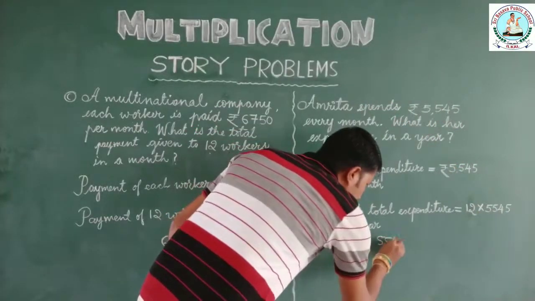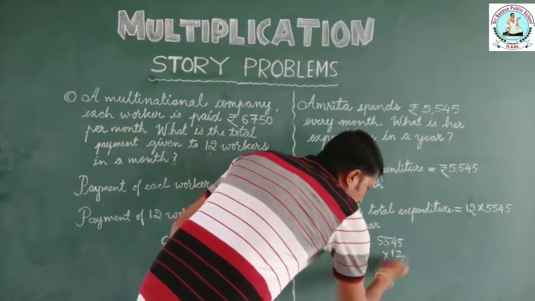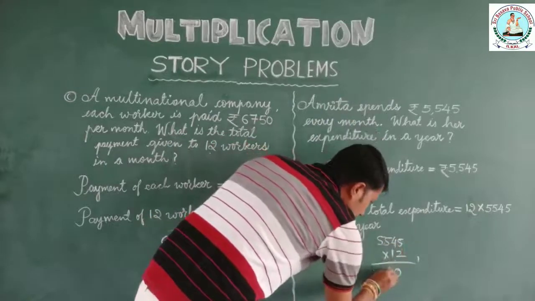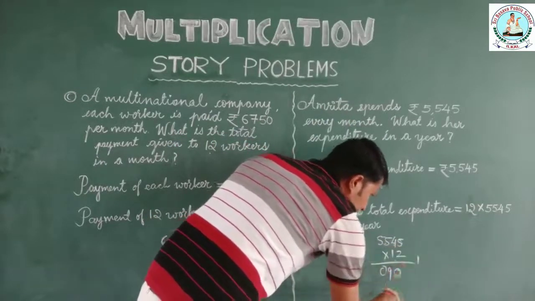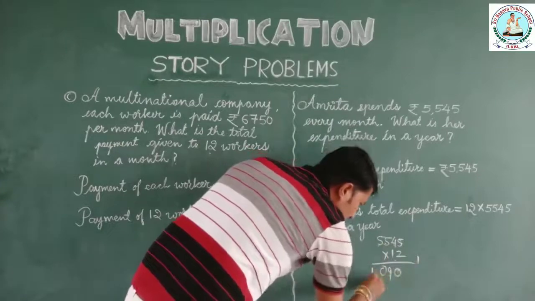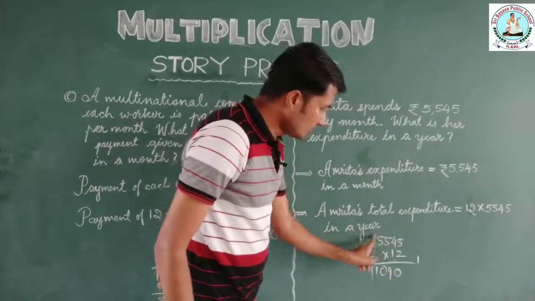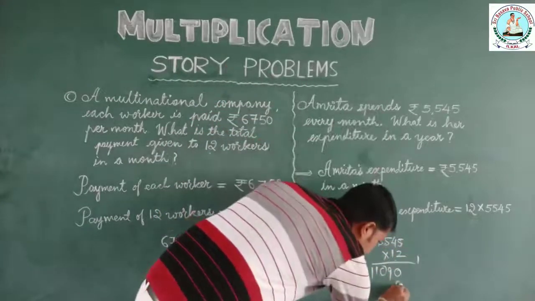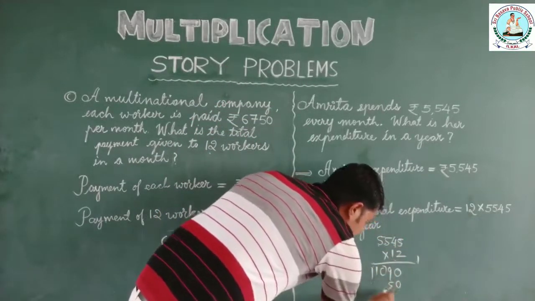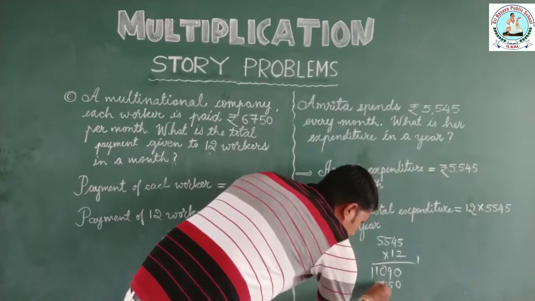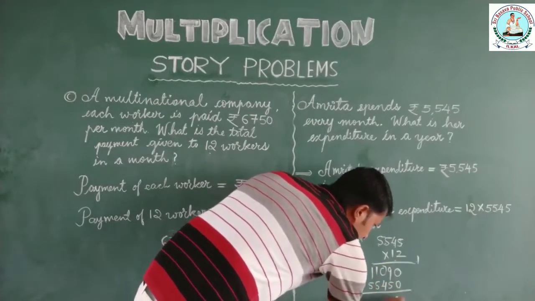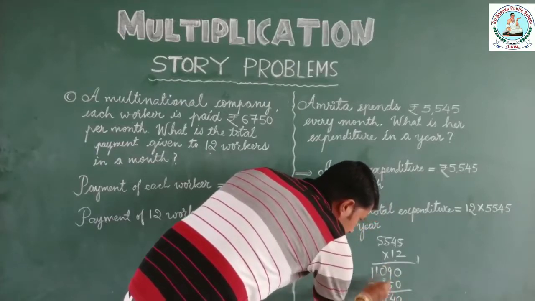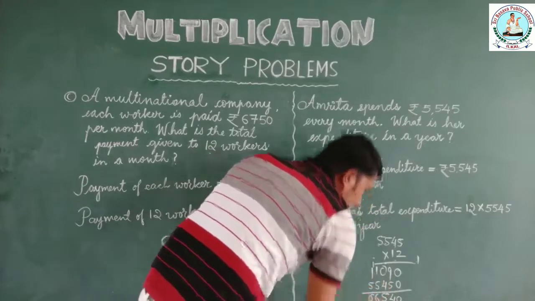5545 times 12. So 2 5s are 10, 1 carry, then 2 4s are 8, 8 plus 1 is 9, then 2 5s are 10, then 1 carry, then 2 5s are 10, 10 plus 1 will be 11. So as I said, you need to multiply this 4-digit number with this 1. So just copy the same number. First you have to skip the place and write this number as it is. 5 4 5 5, just add them. 0, 14, 1 carry over, 4 plus 1, it is 5, 5 plus 1 is 6, and 5 plus 1 is 6.